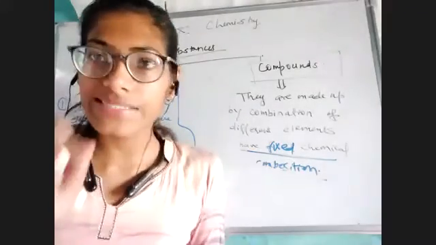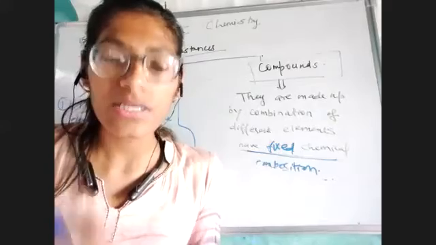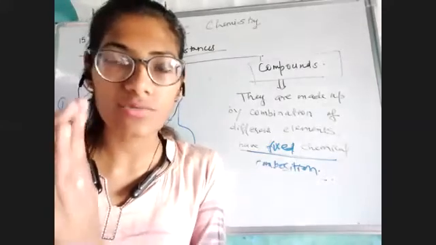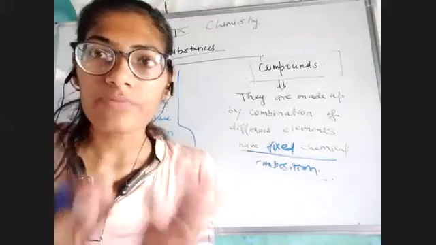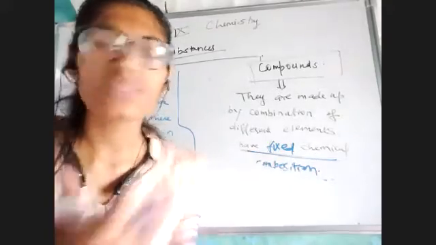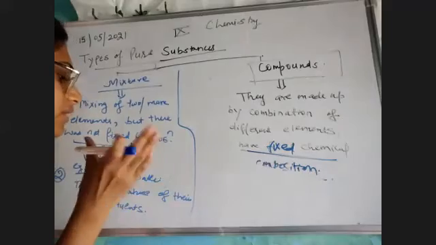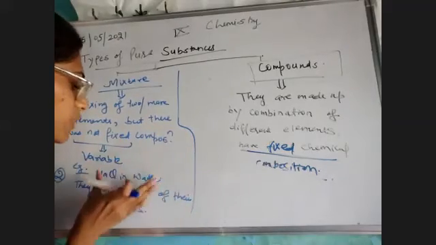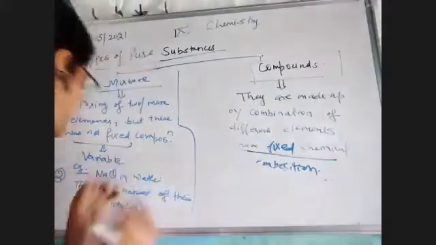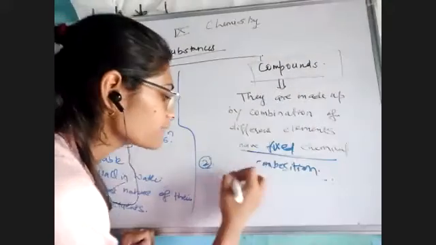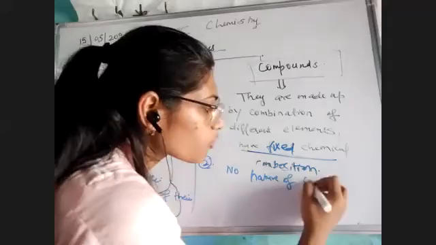It still has the salty taste, and of course, it has water also. This is something I want to emphasize: in a mixture, the components keep the nature of their constituents, but in compounds there is nothing like that. So I would say no nature of components.